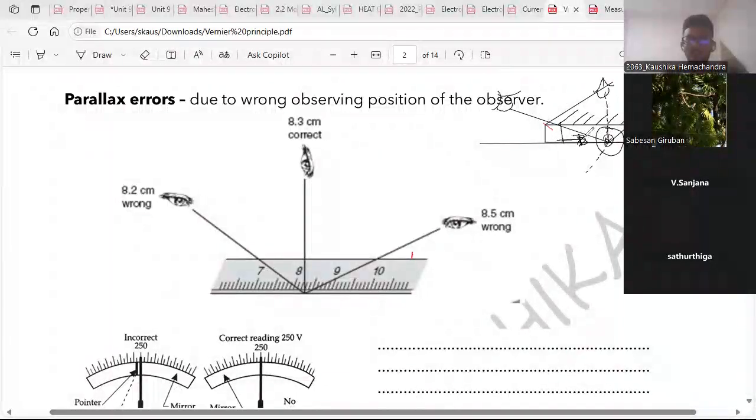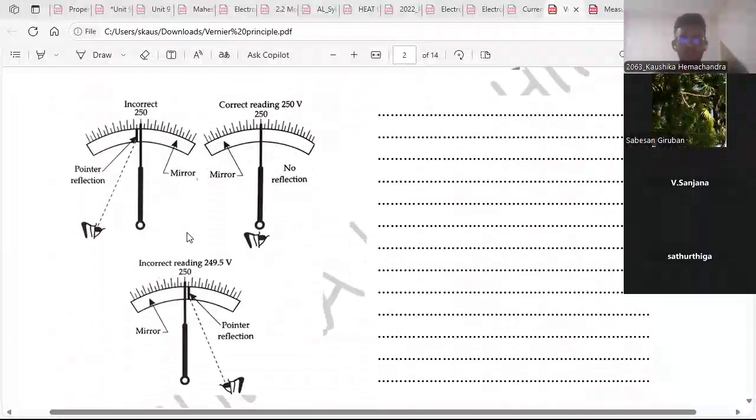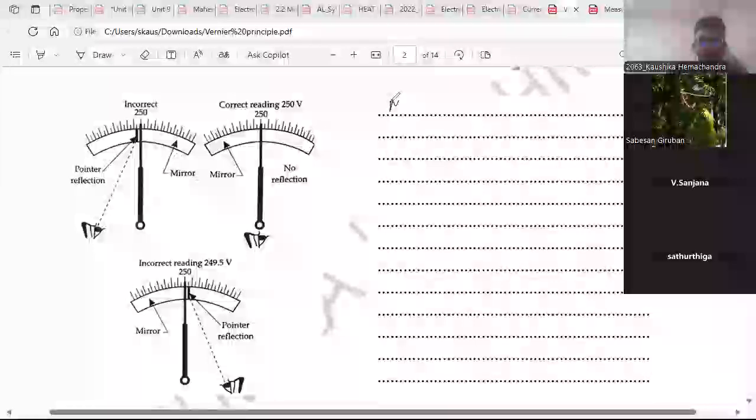So you won't take the reading like that, and you will know this must be wrong. Then you're observing it correctly, right? So these errors mostly happen with meter rulers because they are wooden. Okay, so to prevent it, what we use is the mirror method.